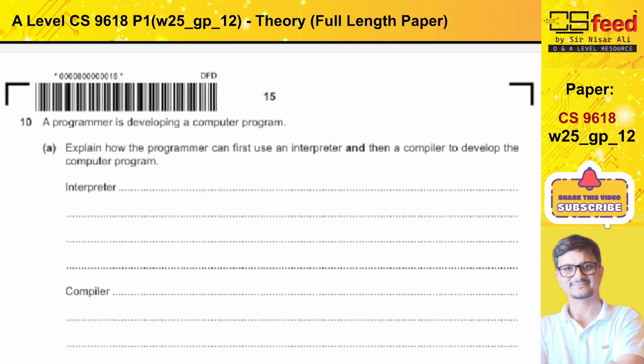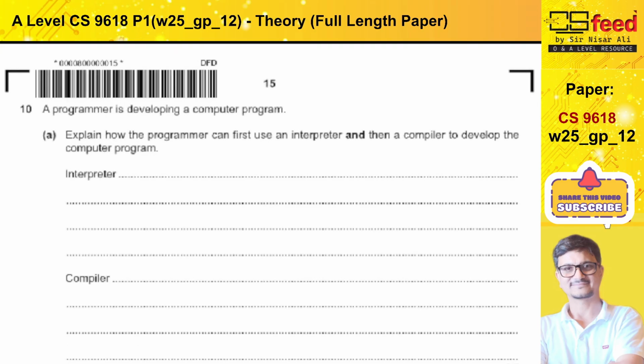Now coming to question number 12. In question number 12, a programmer is developing a computer program, and can first use an interpreter and then a compiler to develop it. This was a little tricky question in last year's paper.